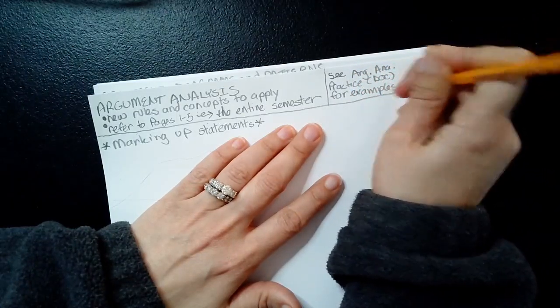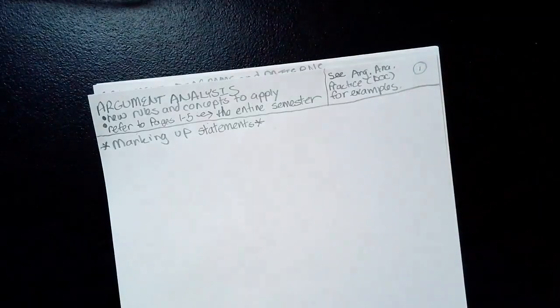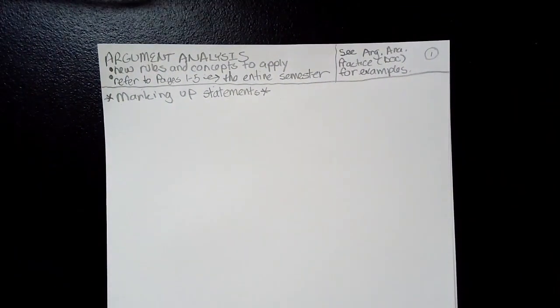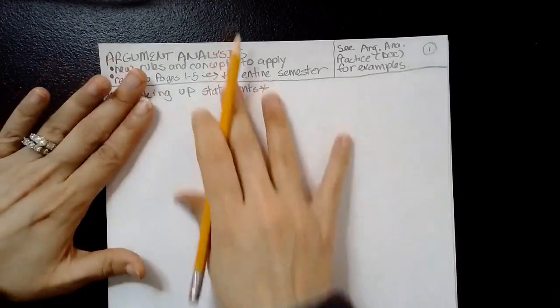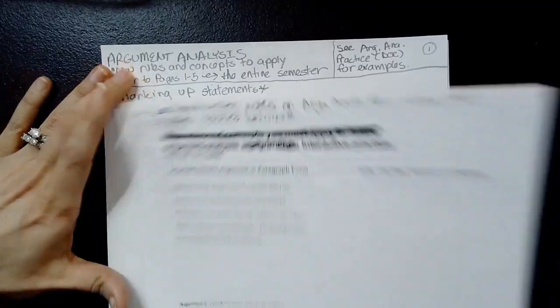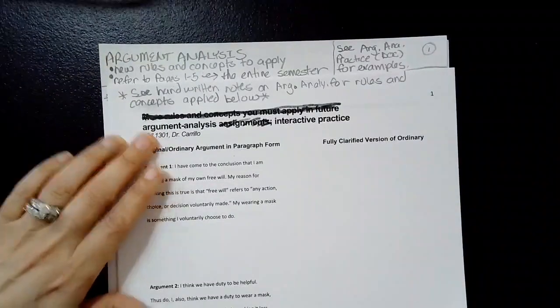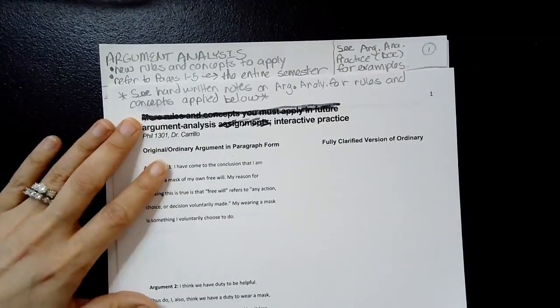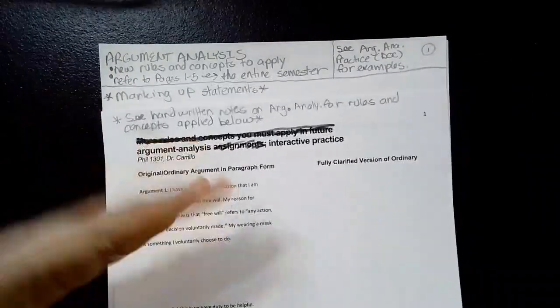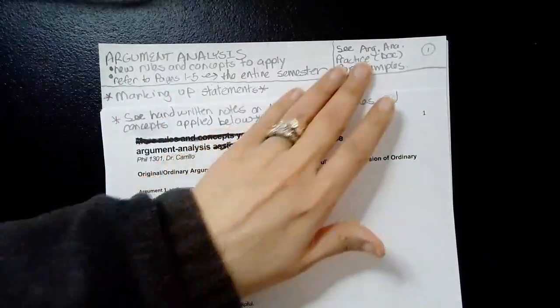So you need to write that down. You're going to need this throughout the semester, and you might forget, if you're looking at this, that you have a lot of examples to look at. Or if you just see this, you might forget that the rules and concepts that were applied are actually available in another document, which is why I'm asking you or directing you to go ahead and write or add these things here.